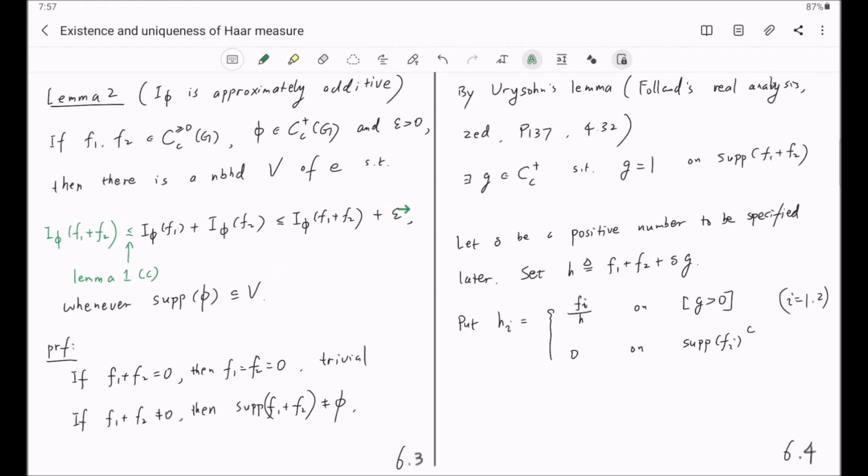For any epsilon greater than 0, their difference can be controlled as small as we want, with a careful choice of phi, such that the support is contained in some small neighborhood of the identity. And also recall that we haven't specified how to choose this little delta yet. This is something we want to address in the last stage of our proof. Let's do it.